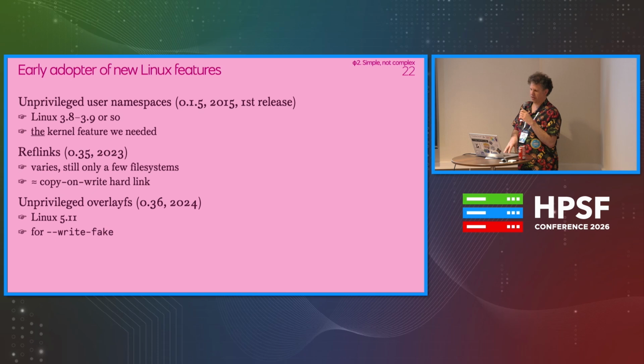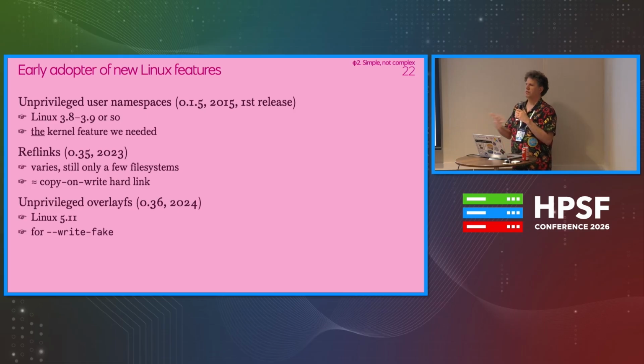There's a thing called reflinks, which is more or less a copy-on-write hard link. That's really cool. Still supported by only a few file systems, but we can use it in our build cache for large files. To me, that's really cool. We do unprivileged OverlayFS, which is also kind of new. This is for an option called write fake, which makes the image look writable, but it's actually not.